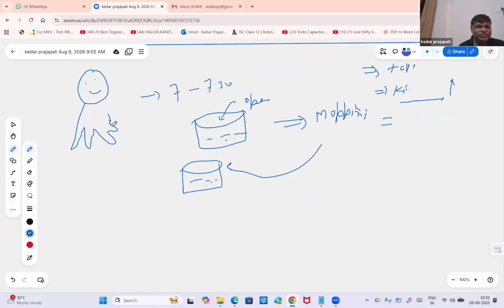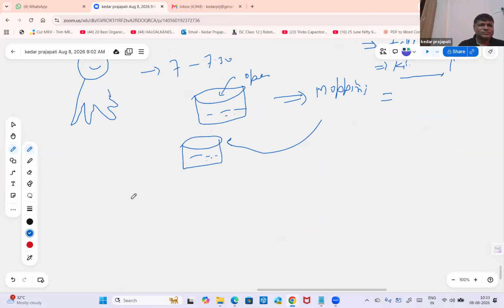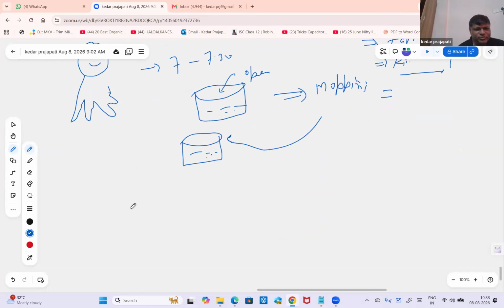So what must have happened is, this robot was created initially, and it was trained on whatever activity it is supposed to do.